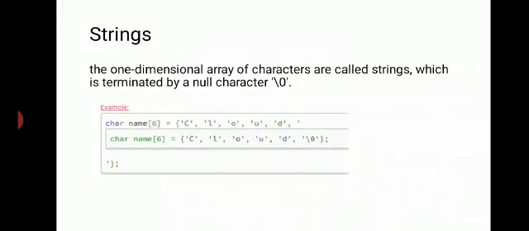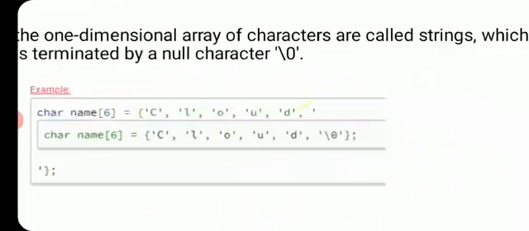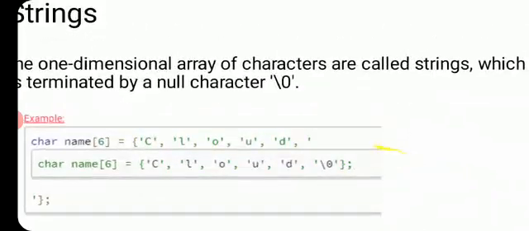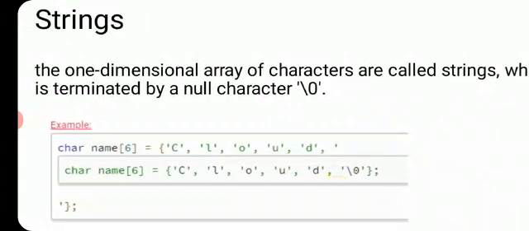So next we have the string. We have already done the whole chapter on strings, and we have also discussed strings in the classroom. A string is a one-dimensional array of characters. The string is always terminated by the null character.